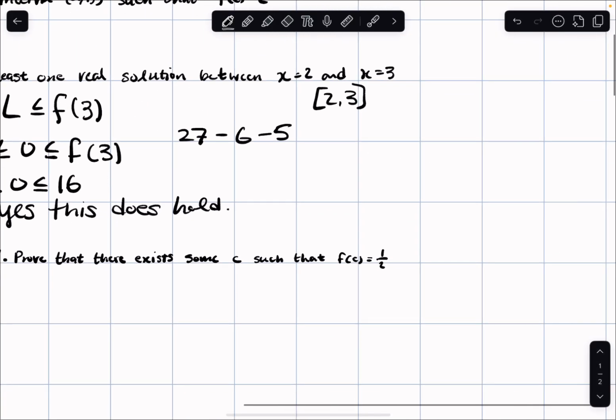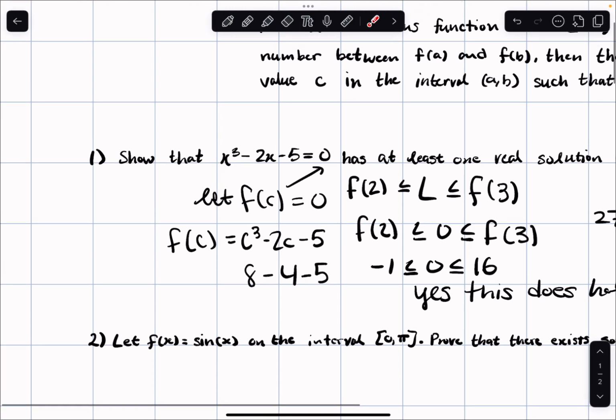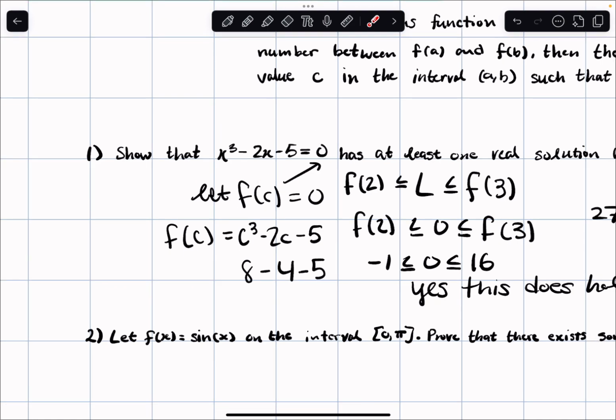Also, I forgot to mention in the beginning that all polynomials are continuous over their entire domain, and this is a polynomial, so we don't have to worry about continuity here.